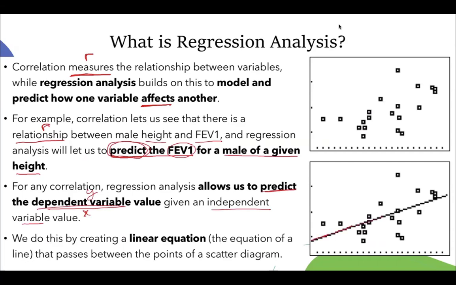A linear equation is the equation of a line, and the line that we create is going to pass through the points of our scatter diagram so that some of the points are above the line. See, these points up here are above the line, and these points down here are below the line. And the line is kind of passing through the center of the points. It's called the line of best fit because it fits the points right through the center.